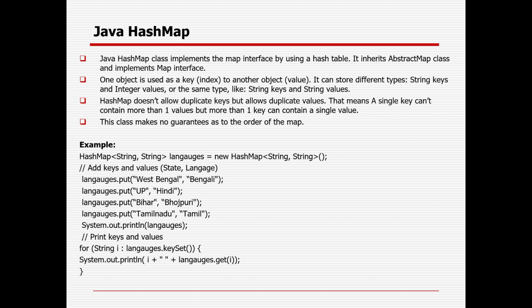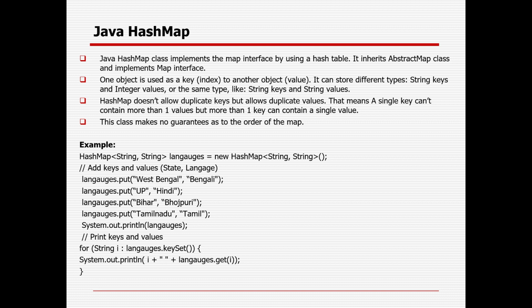It can store different types, like string keys and integer values, or the same type like string keys and string values. HashMap does not allow duplicate keys but allows duplicate values. That means a single key can't contain more than one value, but more than one key can contain a single value. This class makes no guarantee as to the order of the map.